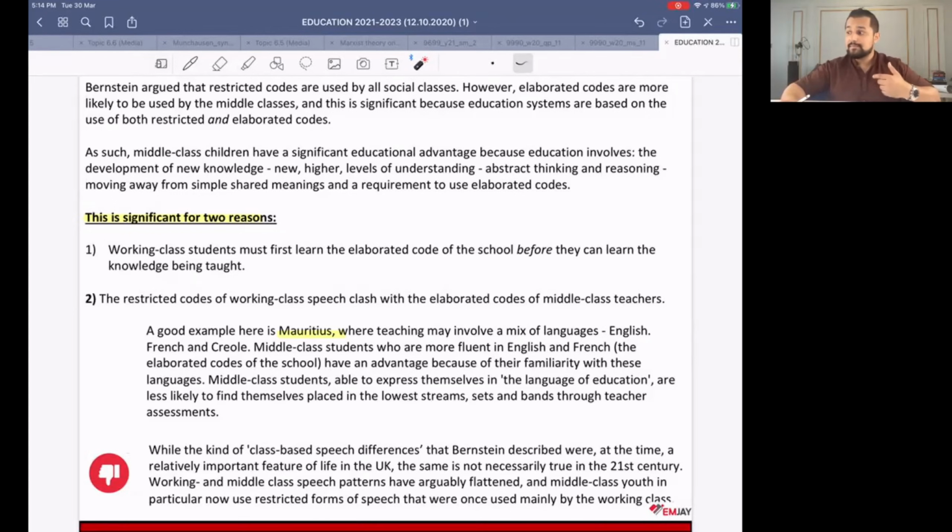There's another sociological explanation: even teachers today, at schools and colleges, end up using restricted codes too, because the purpose is to help a child understand, right?